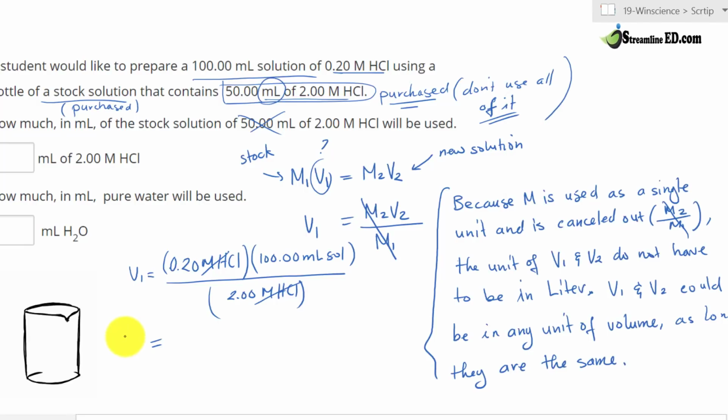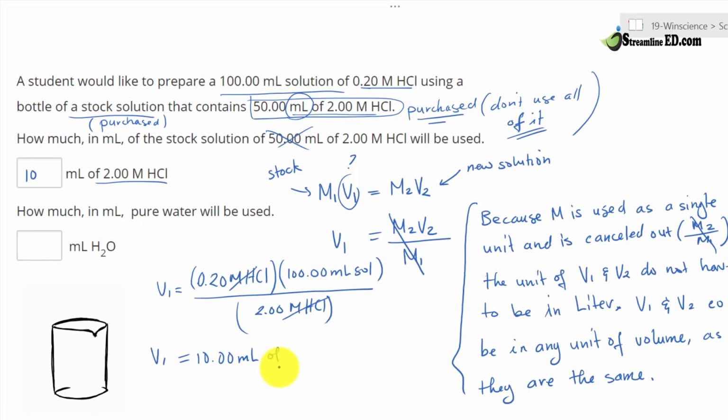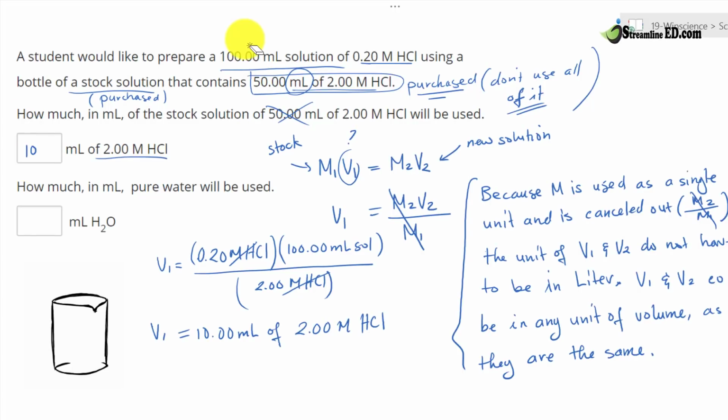So our volume 1 is 10 milliliters of this solution right here. So from the bottle of 50 milliliters of 2.0 molar HCl, we only use 10 milliliters of it. And the next step is to figure out how much water we are going to use combining with this 10 milliliters.